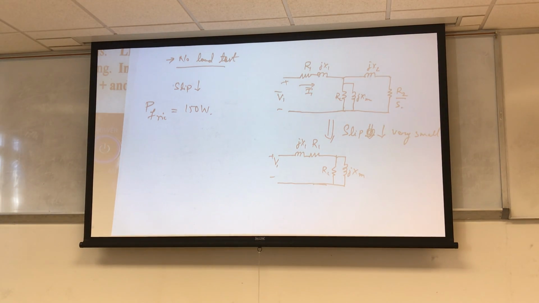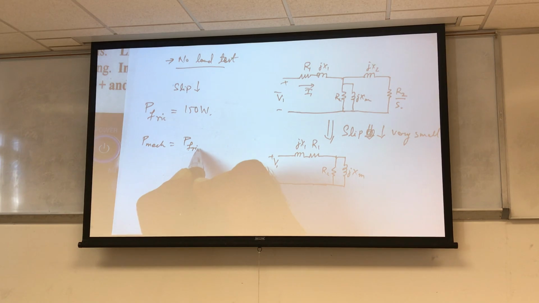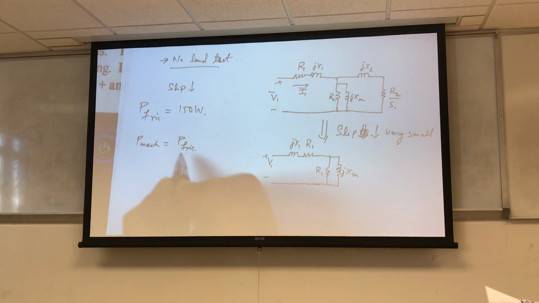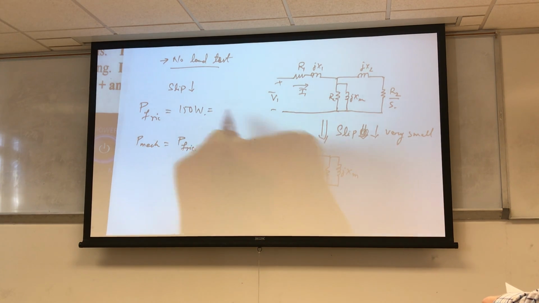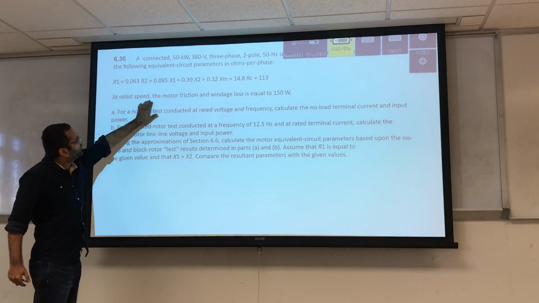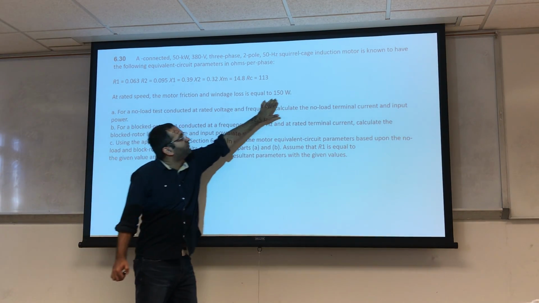So we can just write P mechanical equals P frictional. Or we can write this one is also equal to... it says at rated speed the motor friction and windage loss, so it has both losses included, is 150 watt.